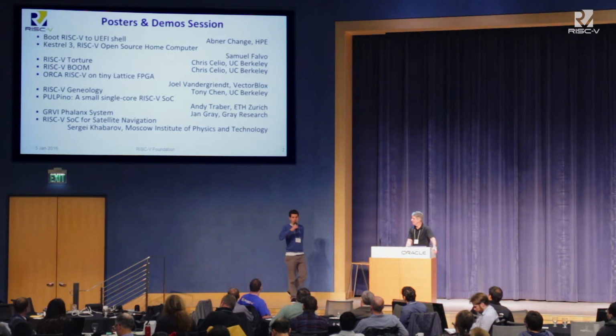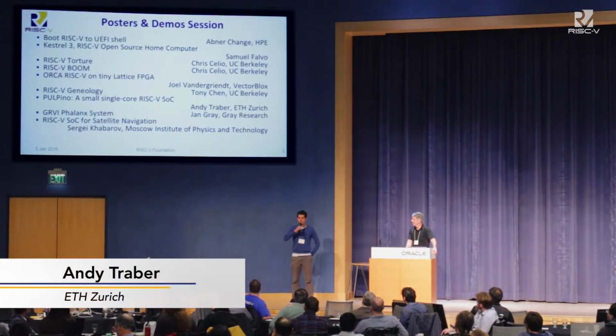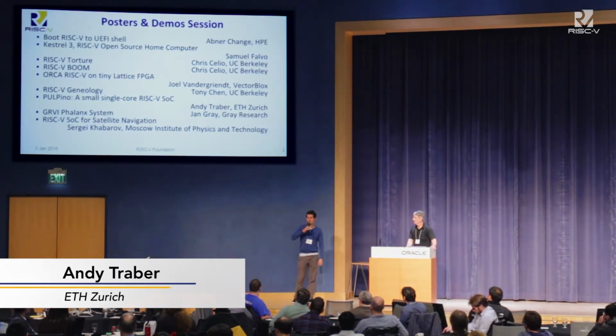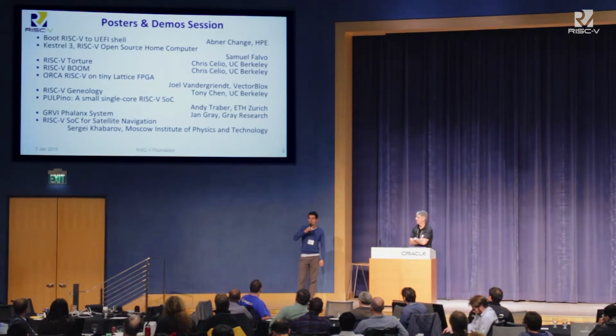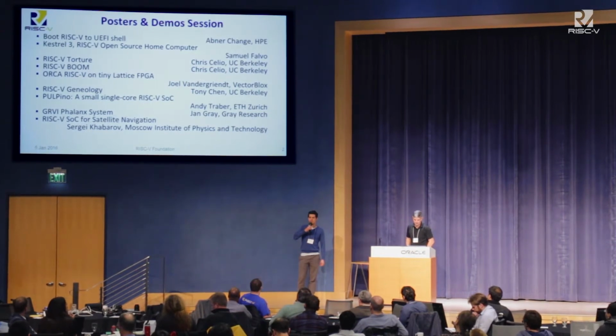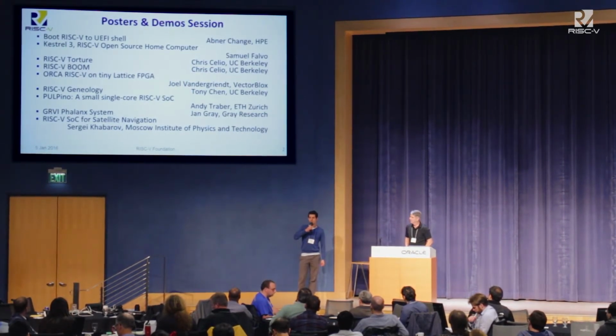Hi, I'm Andy. I'm a researcher from ETH Zurich. I would like to present to you PULPino, which is a small RISC-V based SoC that we have been developing in the last couple of months. It is available for RTL simulation, FPGA, and for ASIC. We are currently working on taping out our first chip for the end of the month. This is done as a student project by Florian Zaruba, who is also here.